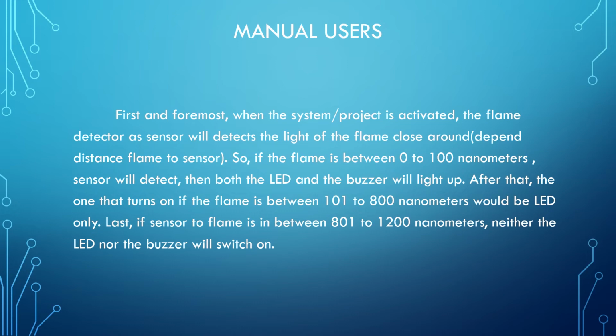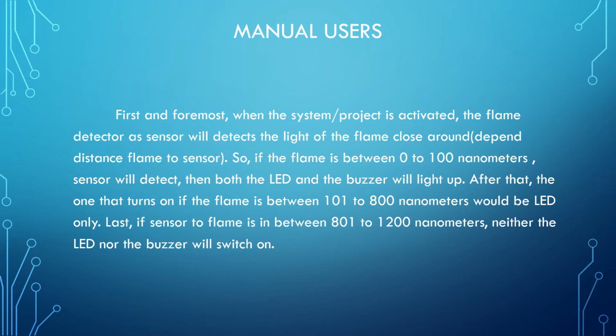For the manual user, first and foremost, when the system or project is active, the flame detector as a sensor will detect the light of the flame close around, depending on the distance of the flame to the sensor. So if the flame is between 0 to 100 nanometers, the sensor will detect.